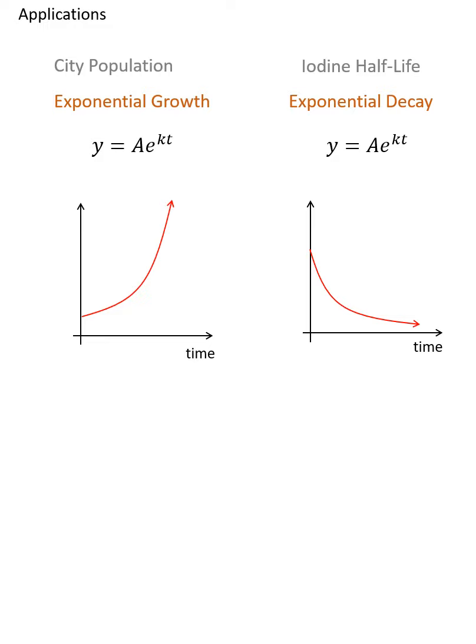Well, how can the same formula model two seemingly different looking behaviors in nature? Well, it turns out that it does. And what makes these different is whether the value of k is positive or negative. Well, I didn't point it out at the time. K was a positive value in our first problem and a negative value in our second problem.